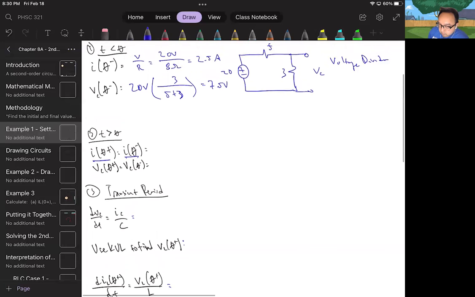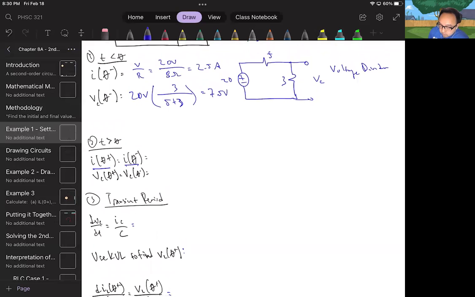Because I know that the current is not going to change immediately, I know that my current is going to be the same as what it was at time less than 0. So therefore, the current is still at 2.5 amps.